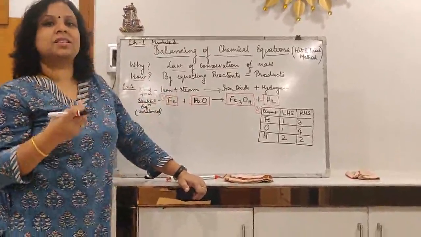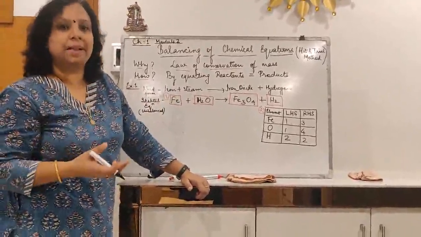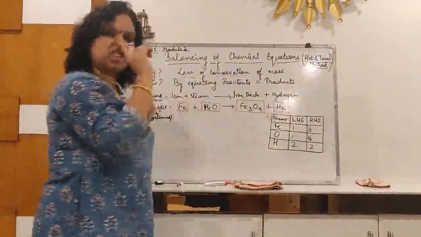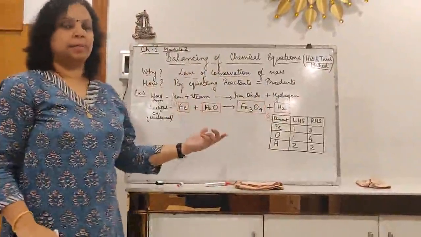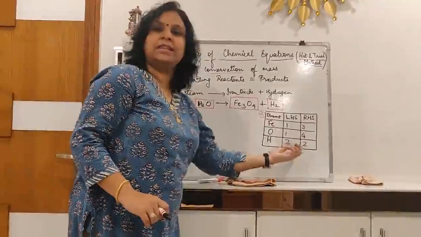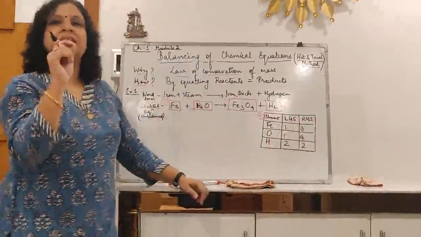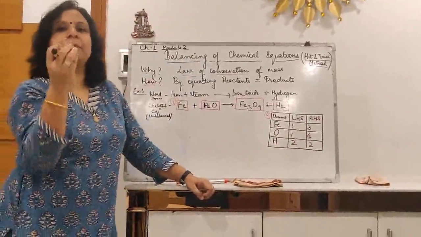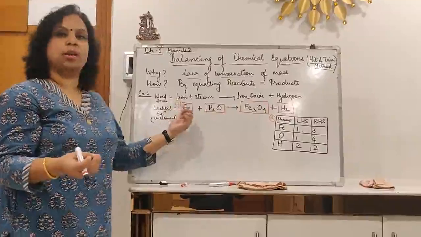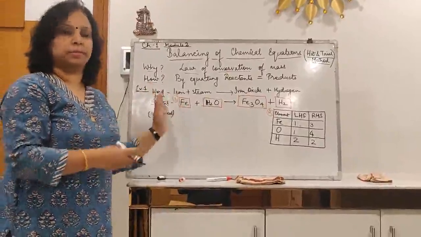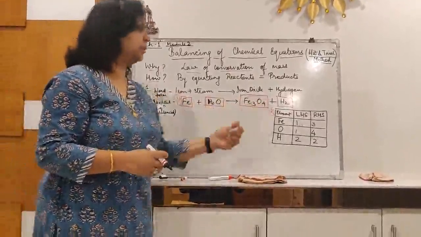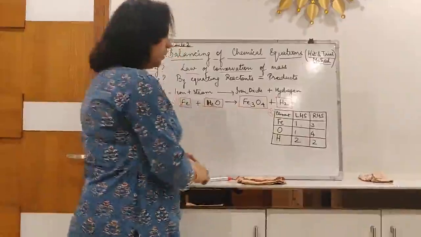It is just a hit and trial method, which means we will just try to equate the left hand side with the right hand side by just putting simple whole numbers as coefficients, which we can put just ahead of each formula. Now let us try to equate it.